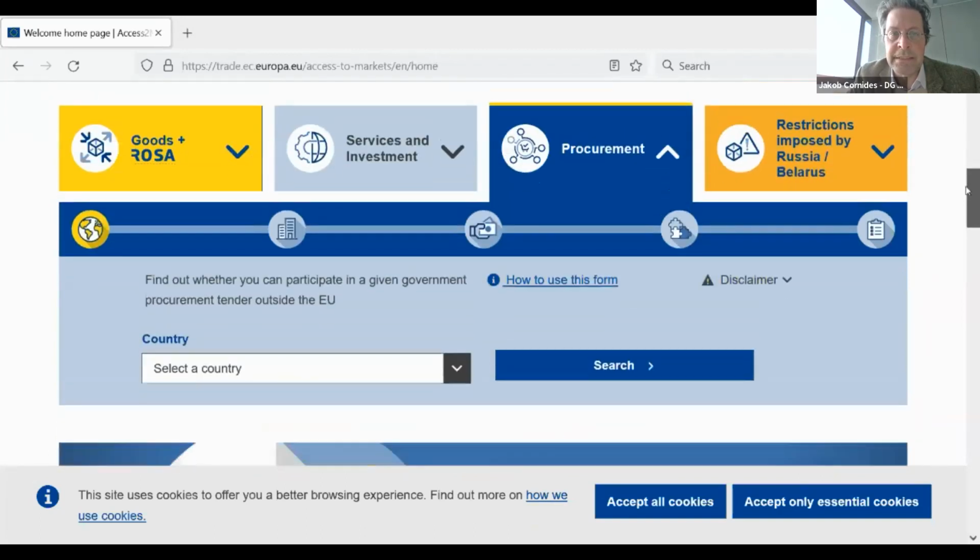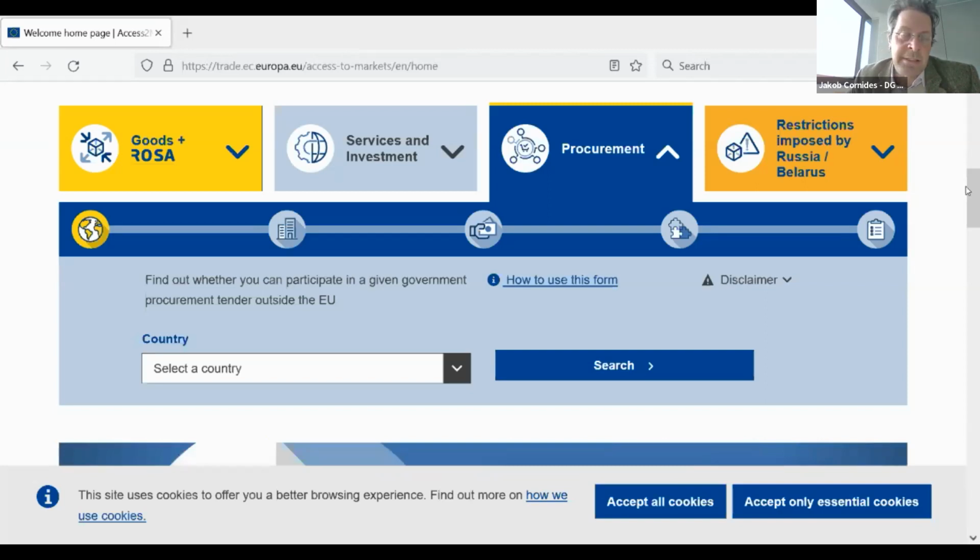Just to explain the purpose of this tool: at this time it is limited to helping European companies, European suppliers, to find out whether they are entitled to bid on a public procurement going on abroad in another country on an equal footing with local suppliers.